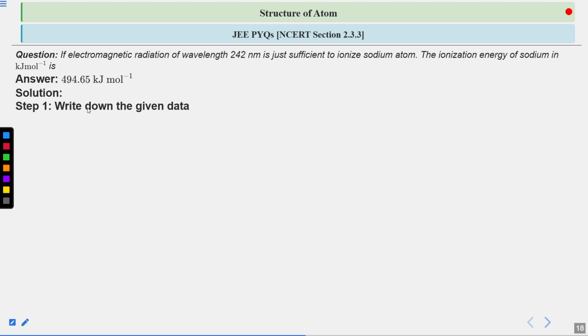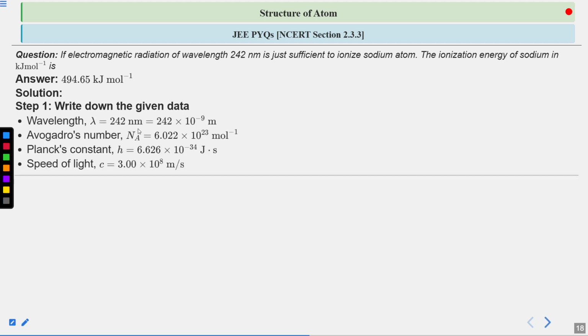Step 1 is to write down the given data. First of all, the wavelength is given as 242 nanometer, which is 242 times 10 to the power minus 9 meters. The Avogadro's number we are going to use is Na, which equals 6.022 times 10 to the power 23 mole inverse.